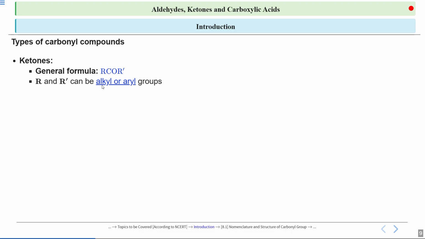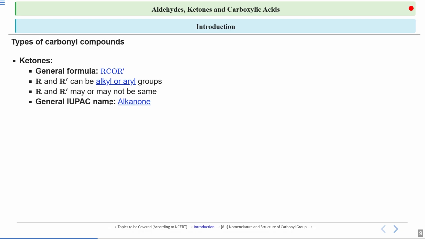It cannot be a hydrogen in the case of ketones. R and R dash may or may not be the same. If they are the same, then the ketone is symmetrical. And if R and R dash are different, then it is an asymmetrical ketone.